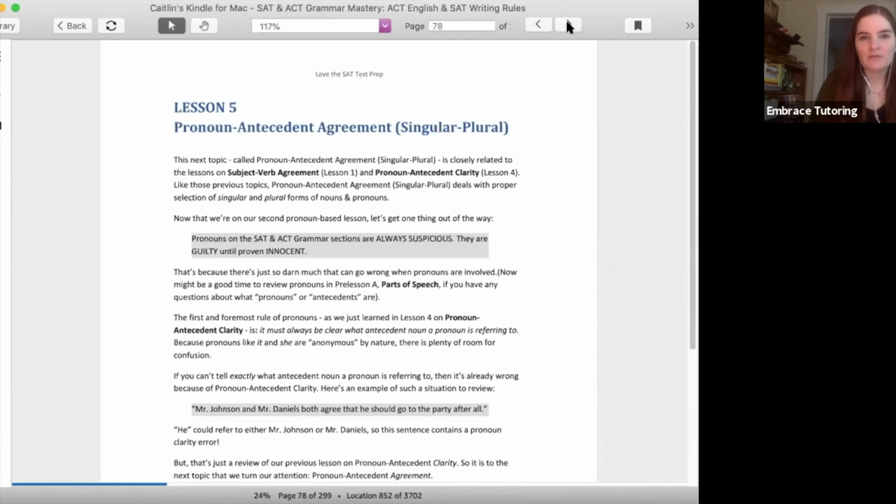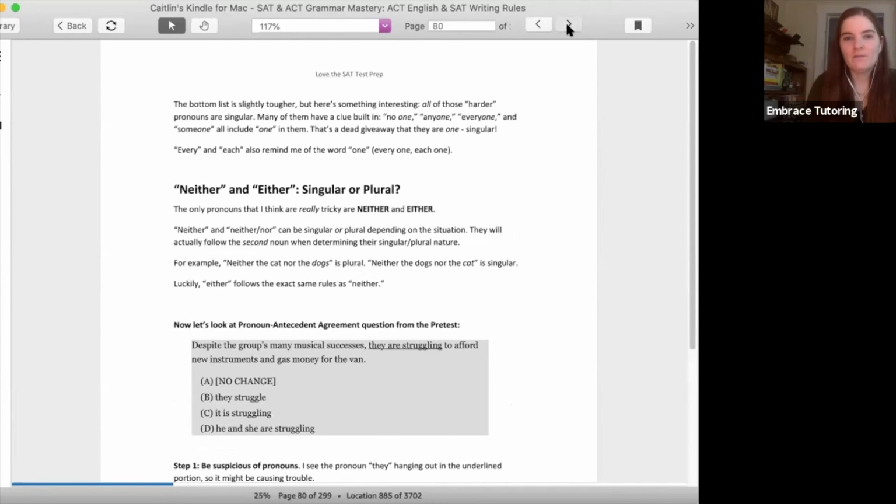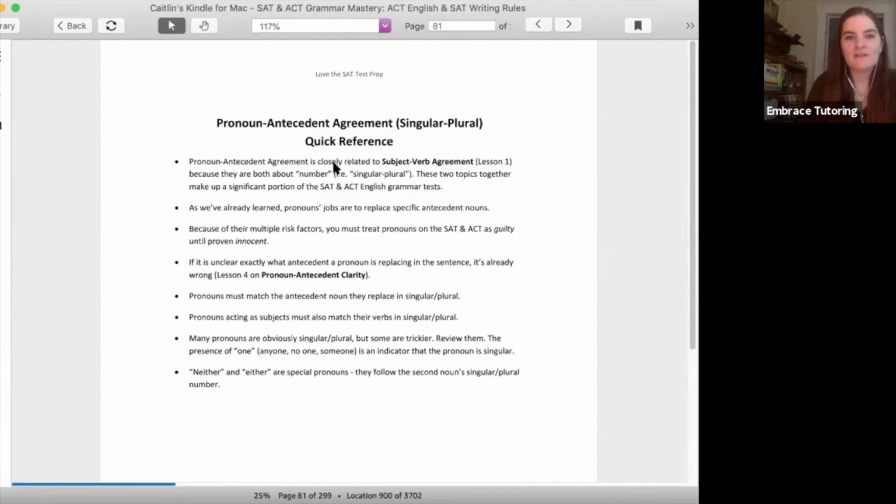I'm not going to go into that much more. We'll want to shift to math, but there are other rules that apply to pronoun and antecedent relationships. In addition to clarity, you have agreement, so whether something is singular or plural. Basically what that boils down to is whether or not they match. It's related to the subject-verb agreement type questions that we have.